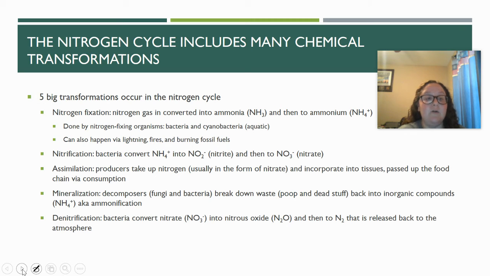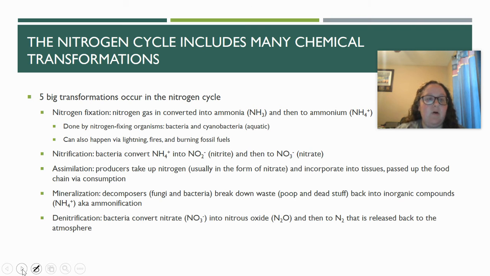Then we have mineralization, where decomposers like fungi and bacteria will break down waste and dead material back into inorganic compounds like ammonium, which is also called ammonification. Then finally, we have denitrification, where bacteria convert nitrate back into nitrogen gas that can be released back into the atmosphere.